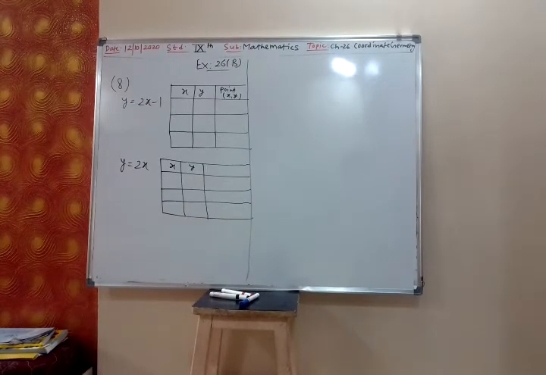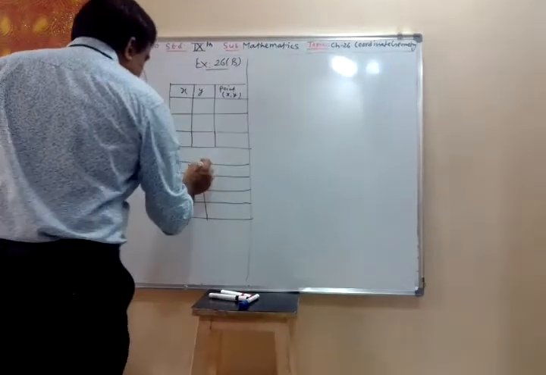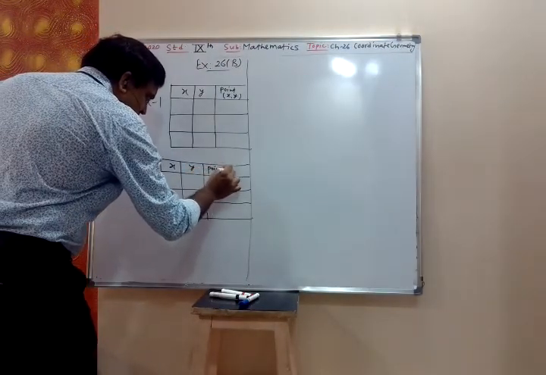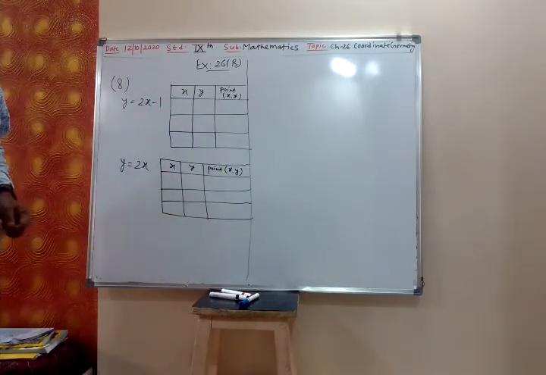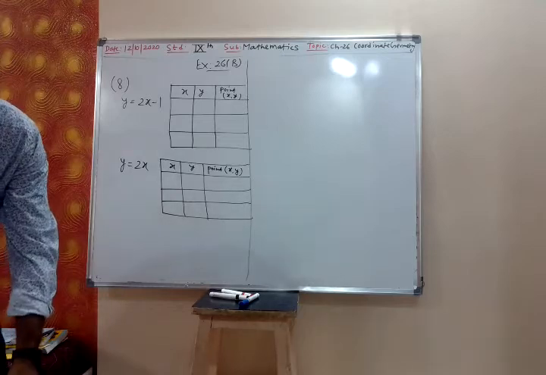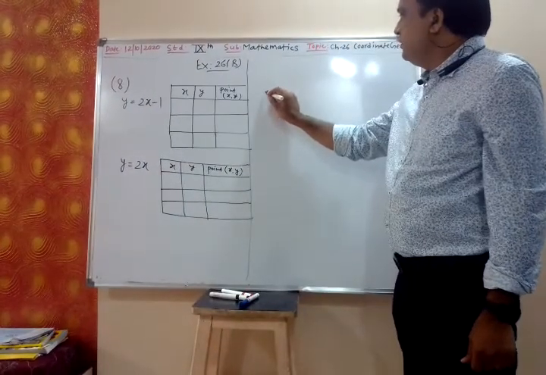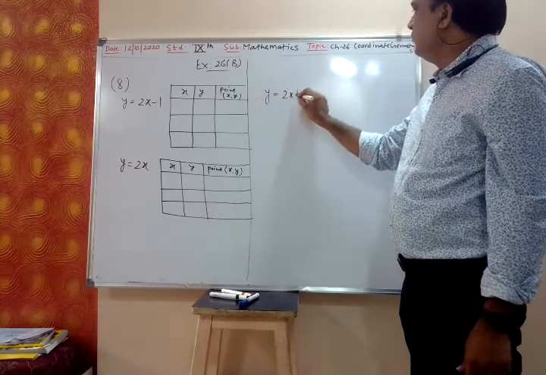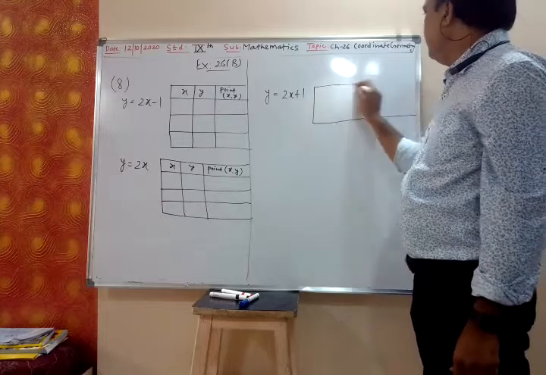The line y is equal to 2x and another line y is equal to 2x plus 1. You have to find the 3 points.